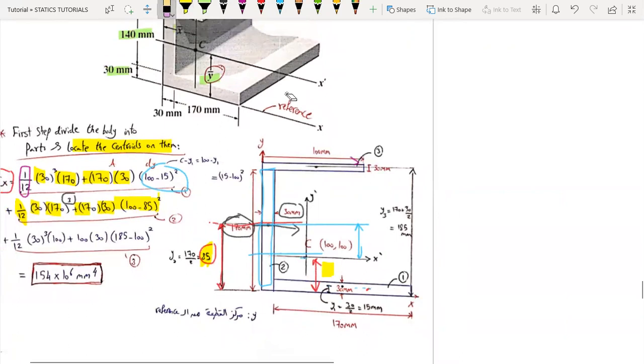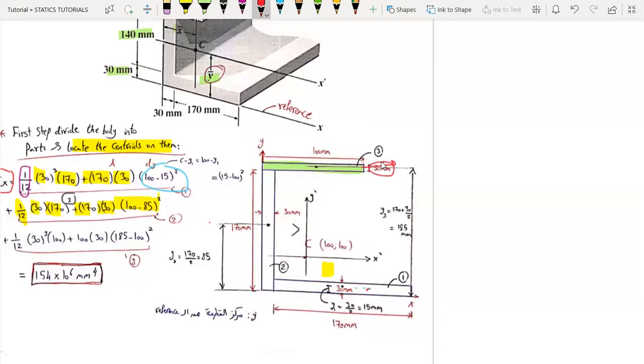Anyway, moving on to the third segment. Here is our third segment. Here the x-axis is crossing which dimension? 30, so it will be cubed. 1 over 12, 30 cubed multiplied by the other dimension, and the area will be 100 multiplied by 30. And this distance will be what?